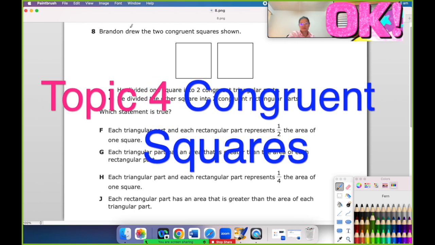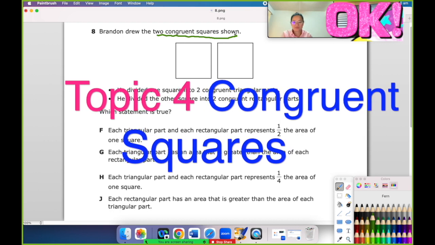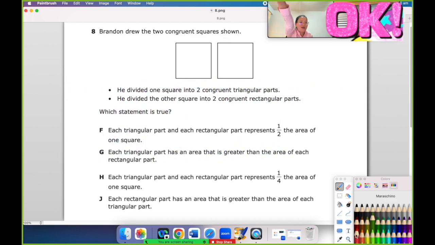Number 8. Do the 2 congruent squares shown. Wait, please. 2 congruent squares shown. What does the word congruent mean?